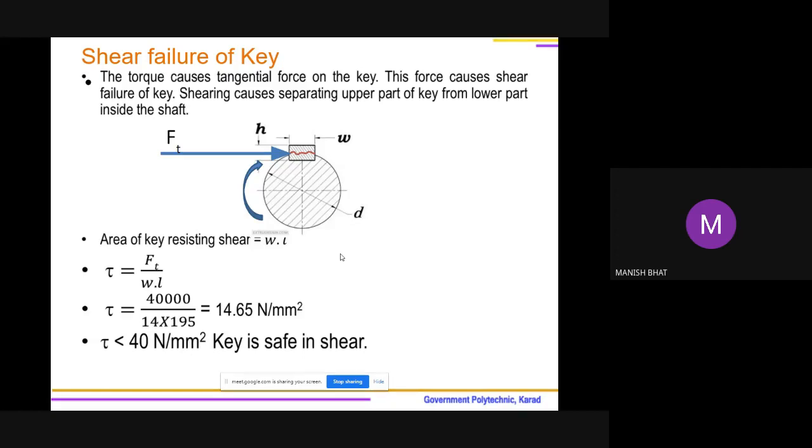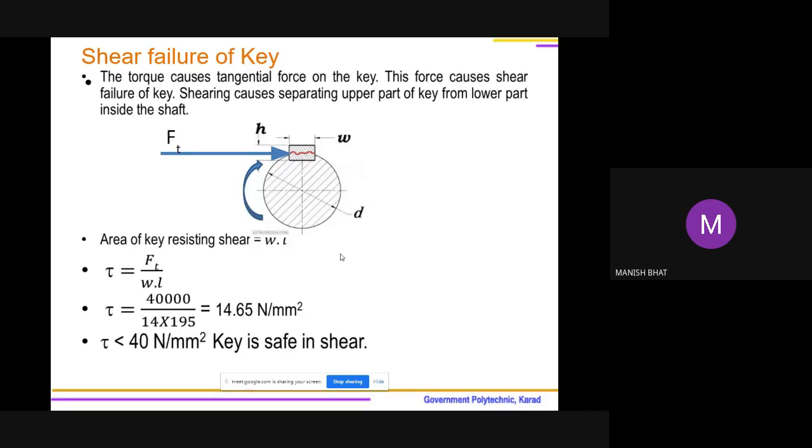If we find this area, this will be the area which will be seen in the top view of this particular diagram. So W is the width and L is the length. It is a rectangular area. So W into L will be the area resisting shear. So we will now write the strength equation.